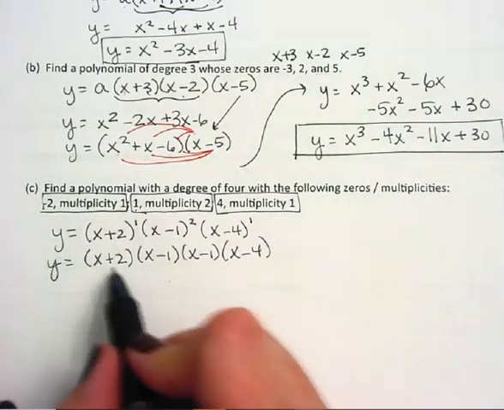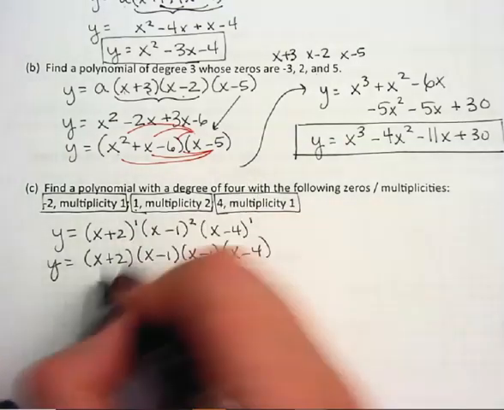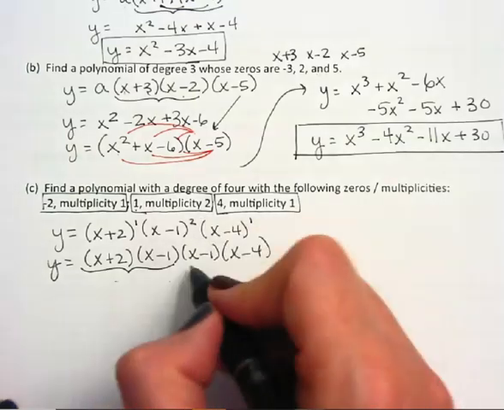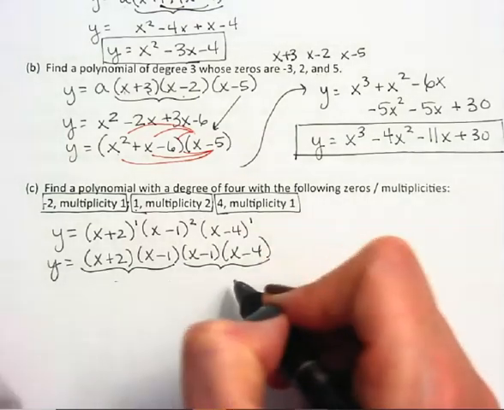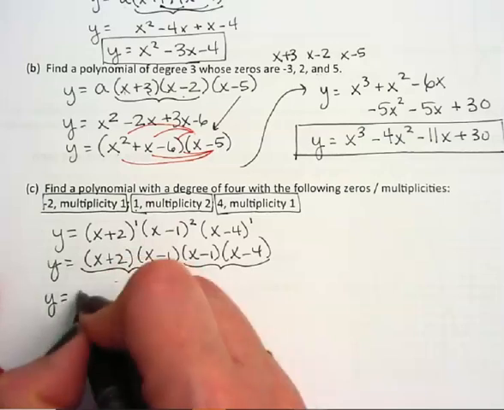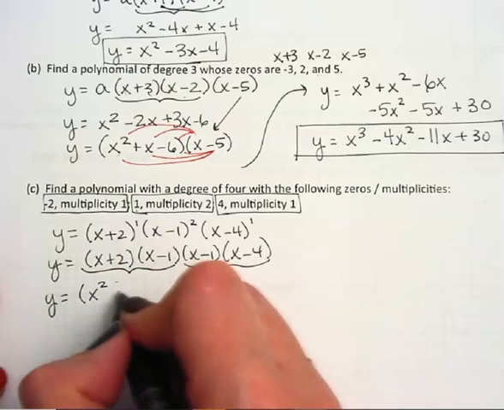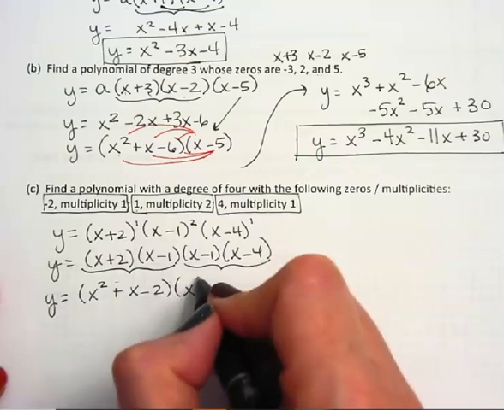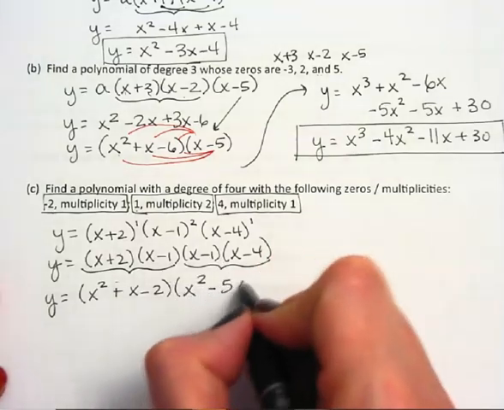And then since we're multiplying 4 things here, what I like to do is multiply these two together using FOIL, these two together using FOIL. I'm going straight to the answer. I'm skipping the middle step here.